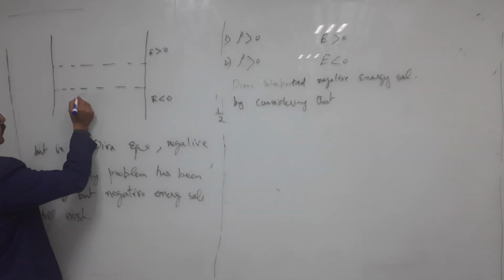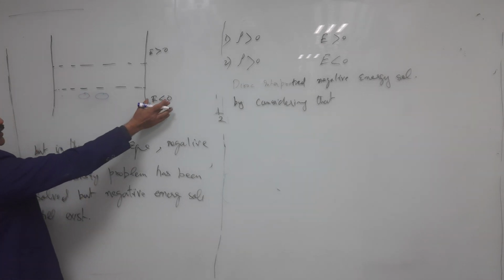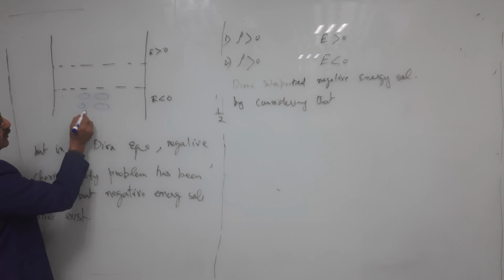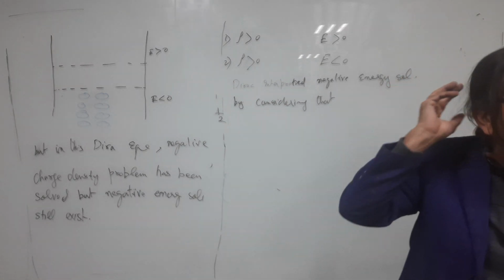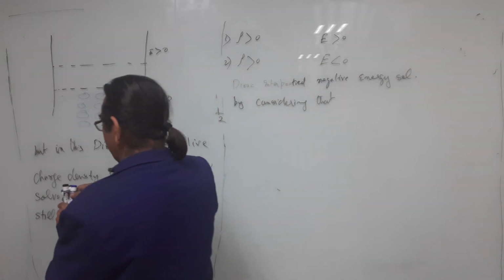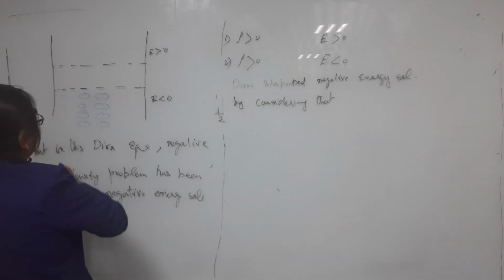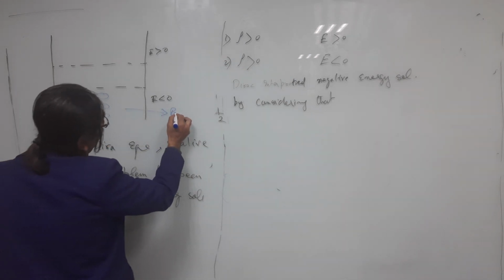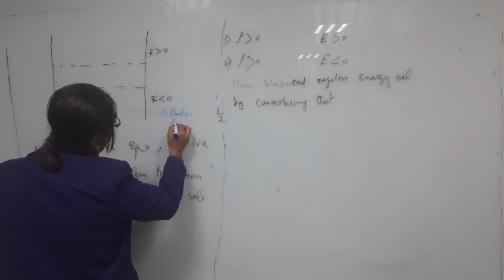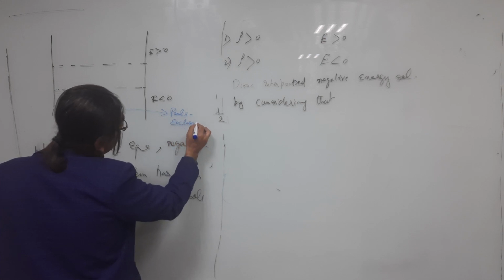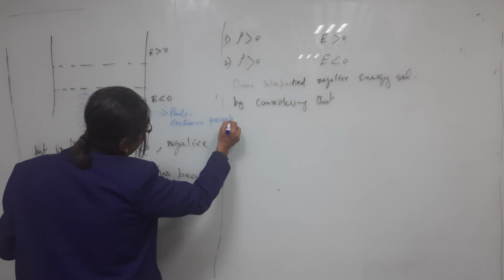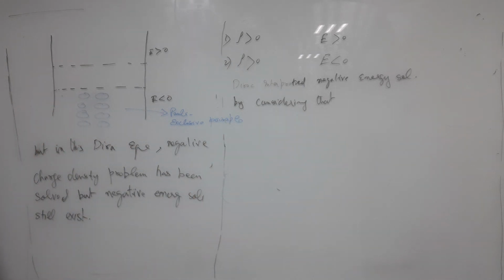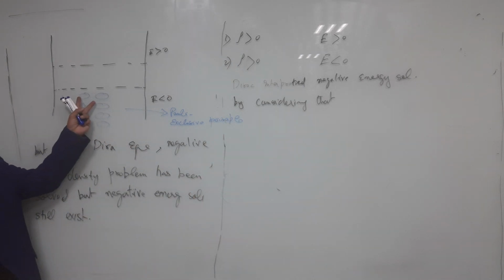He said that all the electrons occupying the negative energy sea, negative energy electrons, will follow the Pauli exclusion principle.